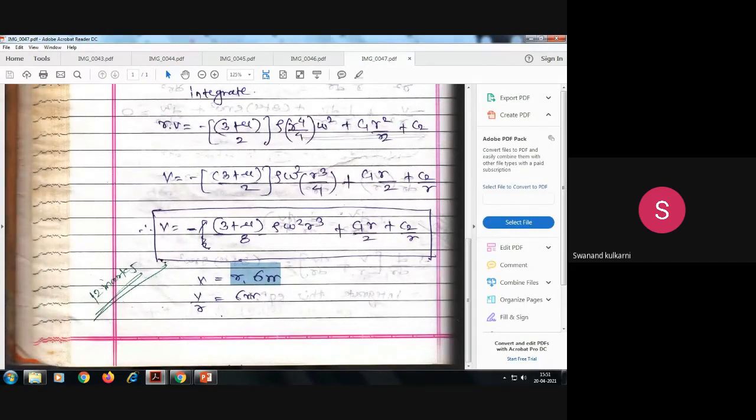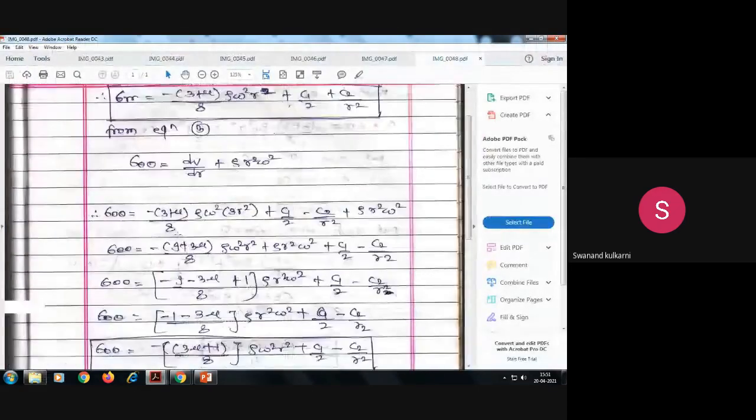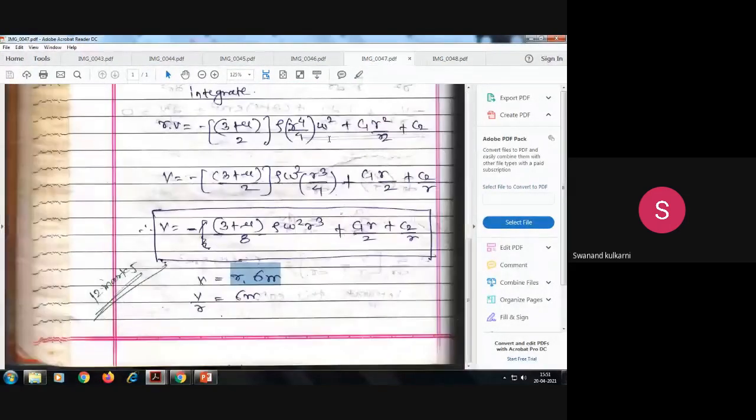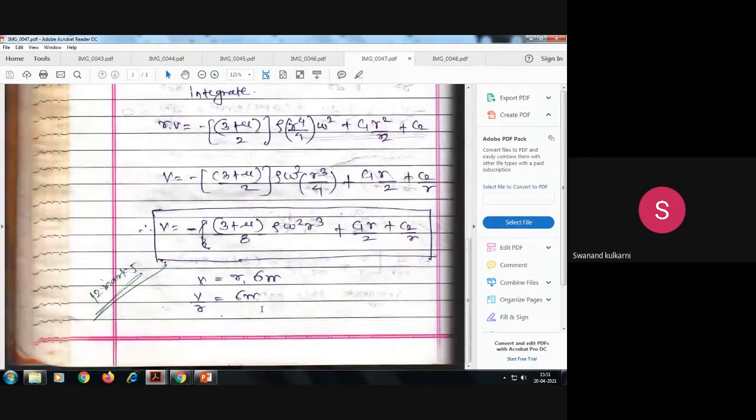So v upon r is equal to sigma rr. So that we can see here. So that is sigma rr. Now here if you see, in this we have substituted r into sigma rr. Then this r is transferred to the right side. It will come in the denominator, and sigma rr will be equal to minus (3 plus mu) rho r, because one r will get cancelled here, since r square is present, r cube is present.